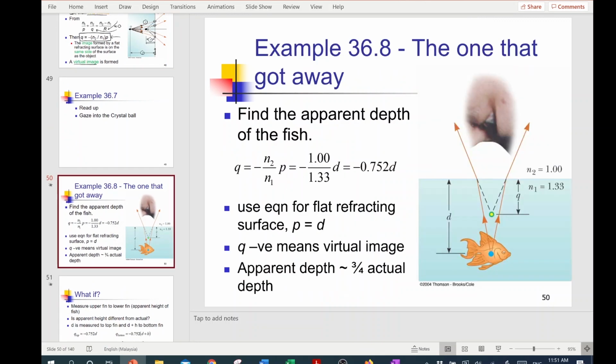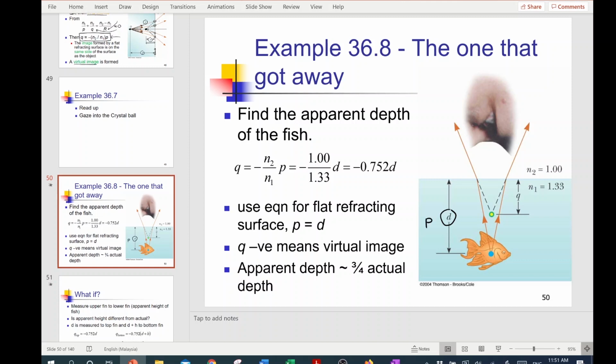Example here: we have a fish that stays somewhere inside, let's say, an aquarium. It has distance d, so that is the object distance or object position d, and that is actually p.